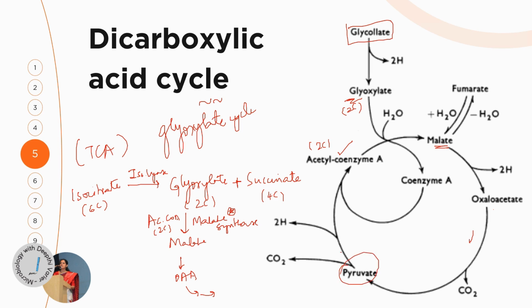So it is giving you a carbohydrate, or in case of the dicarboxylic acid cycle, you can even have amino acid synthesis taking place. So the dicarboxylic acid cycle is a type of oxidative catabolism, very similar to the tricarboxylic acid cycle, and that is what has been shown over here.